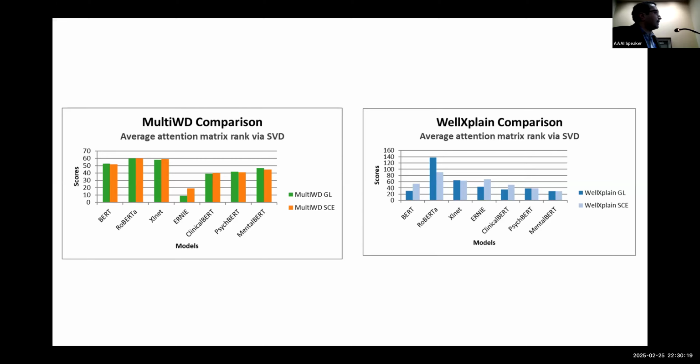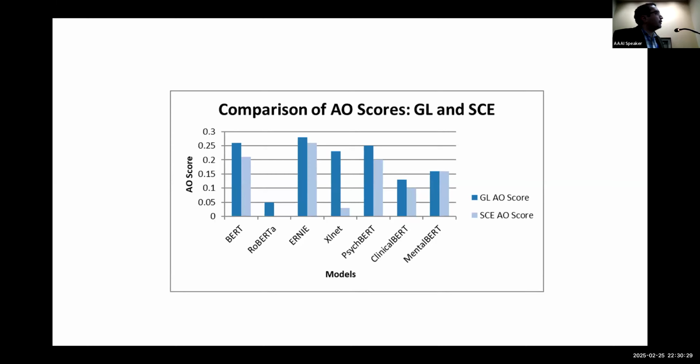Out of these, we can see the Roberta for well-explained end up with better results regarding Gambler loss. And for attention overlap score, we can see that Gambler loss end up with better result as we expected for all of these models.